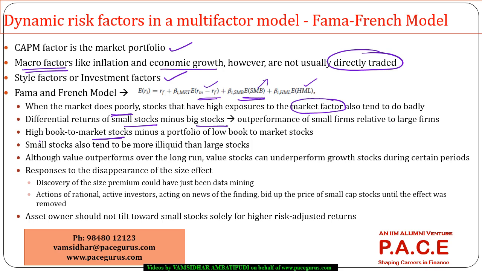But at the same time, if you look at the other side, for small stocks the volatility could be much higher because the liquidity is much lesser for them. Compared to the large stocks, the small stocks are more and more illiquid. So it becomes very difficult to sell them at the price desired.